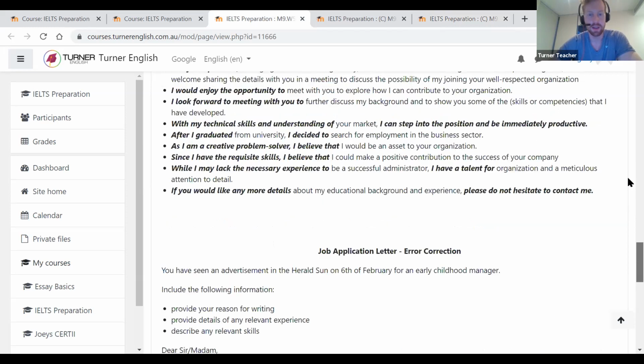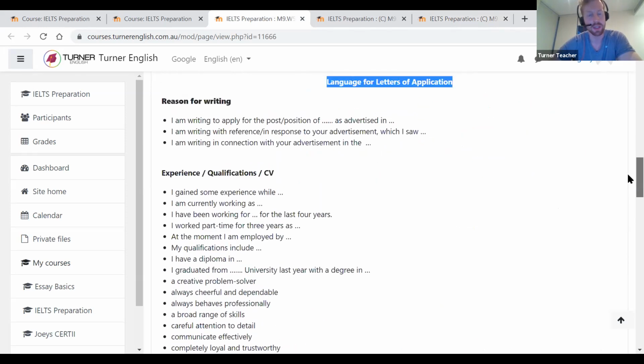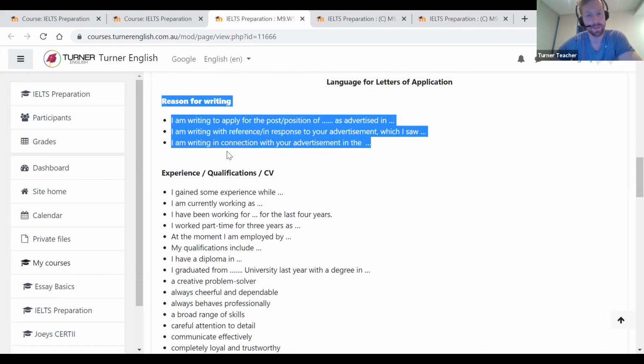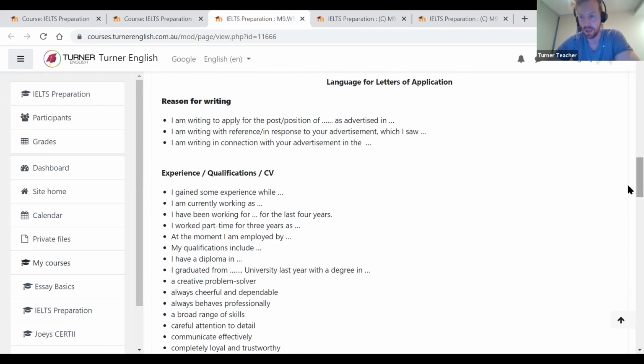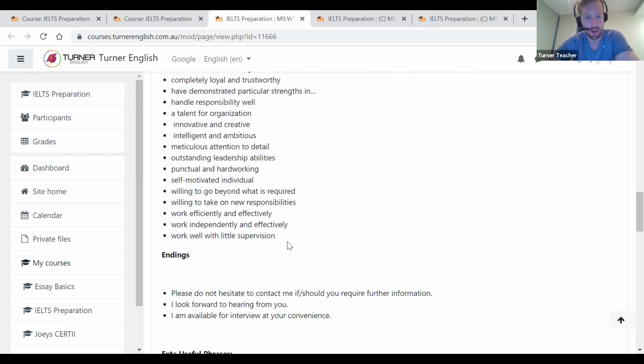There are some other things that you can use underneath in this activity. There are a lot of them, so I don't think we will go through them now.